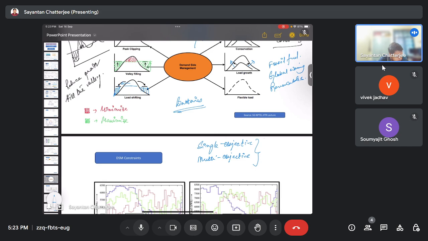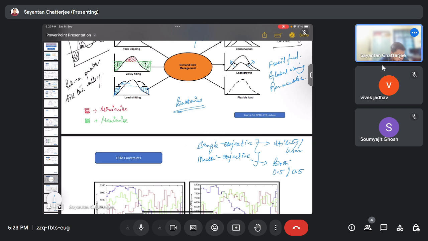These two mainly emphasize either the utility or the user in the single objective case, and the multi objective is for both. So 50% weightage would be given to the user and 50% weightage to the utilities.